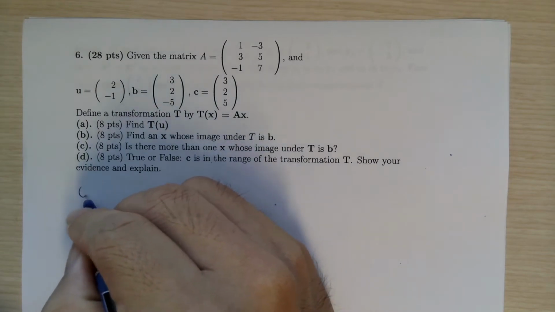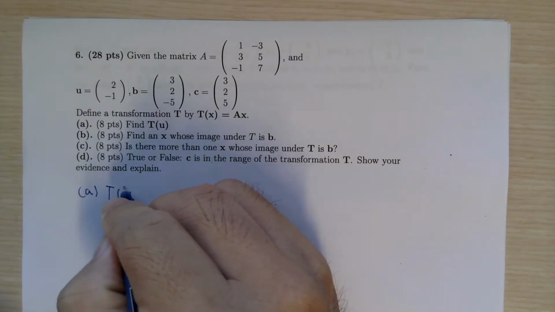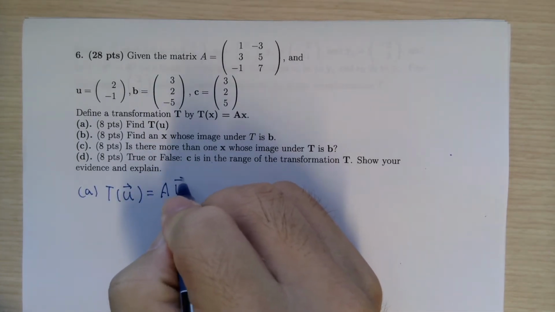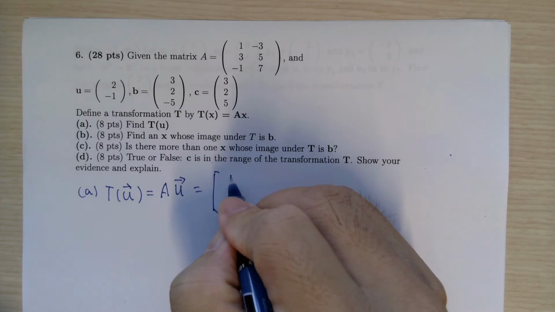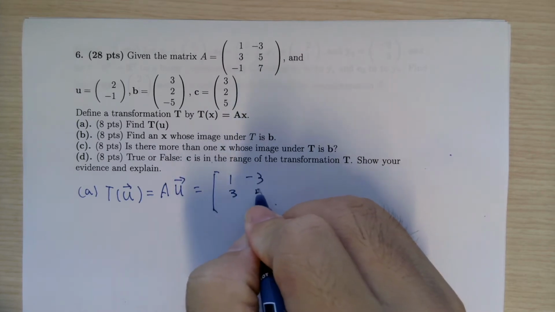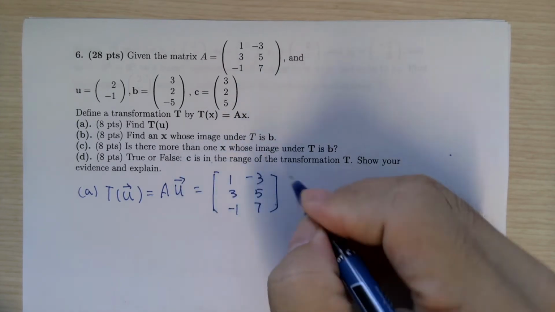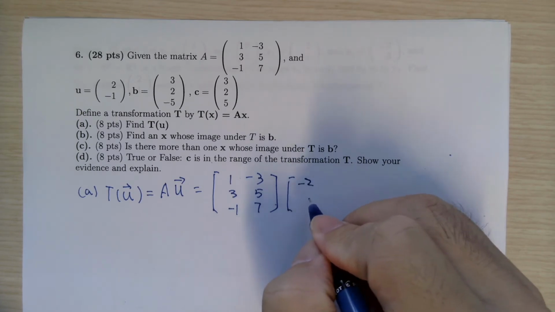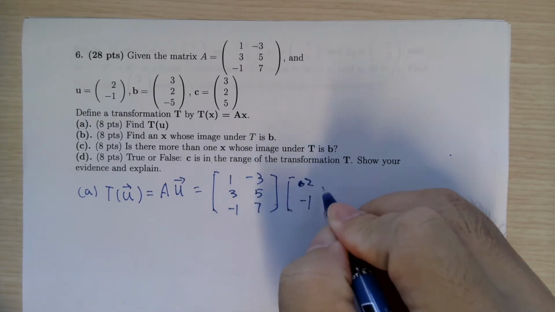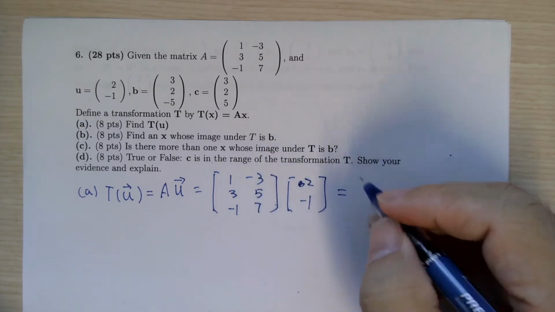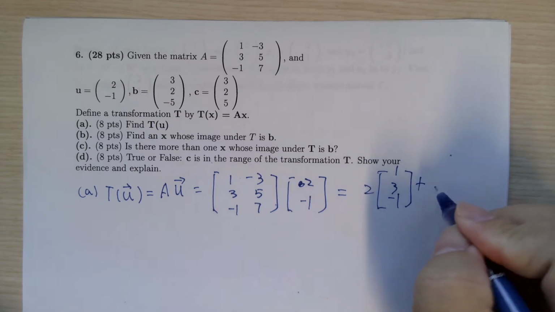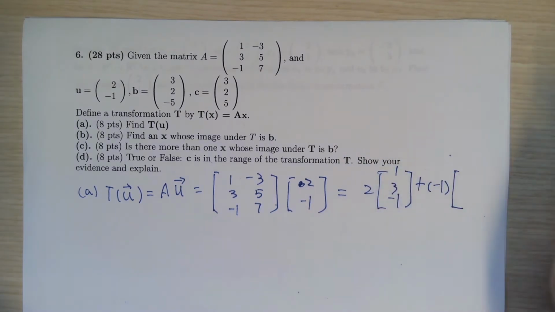So T of U is equal to A times U. So it's the matrix [1, -3; 3, 5; -1, 7] times the vector [2, -1]. So it becomes 2 times the first column minus 1 times the second column.